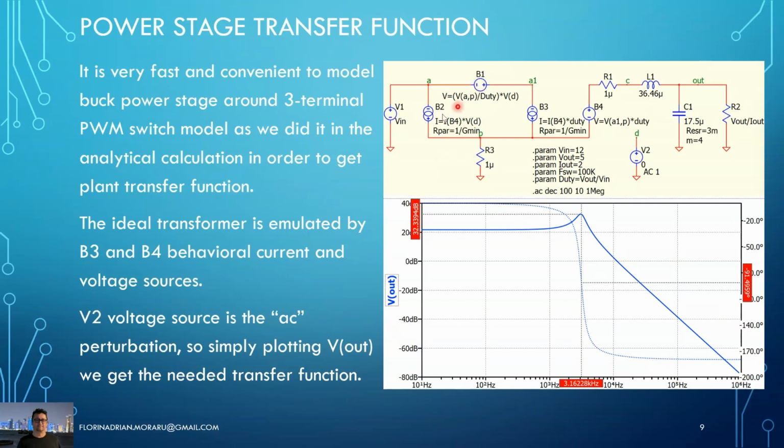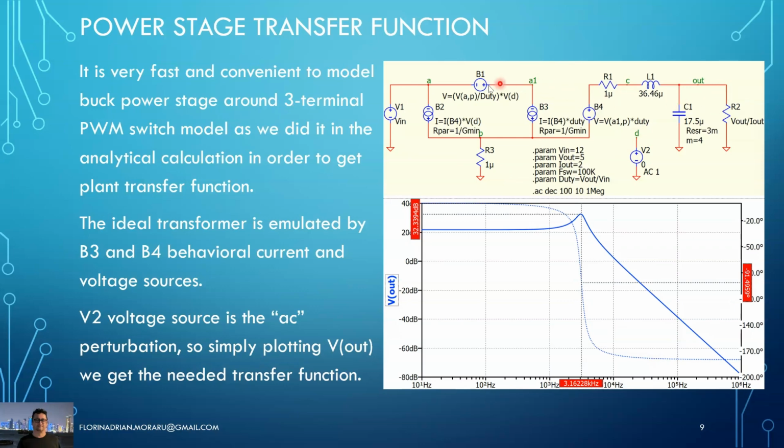So we have the two dependent voltage sources, which are B1 and B2 in this case. And we have the ideal transformer represented by the B3 and B4 current and voltage sources. And then here we have the AC perturbation, and I called this D, which is for the duty cycle.